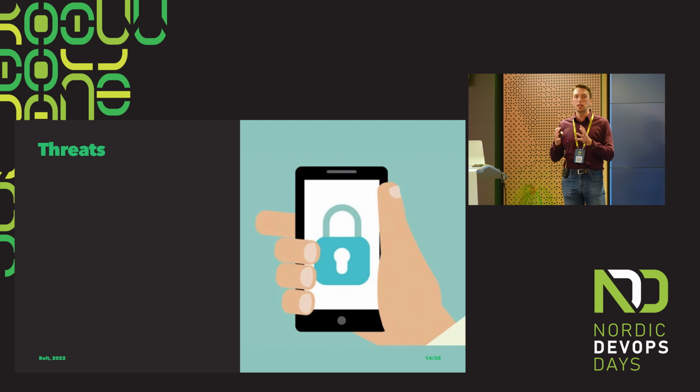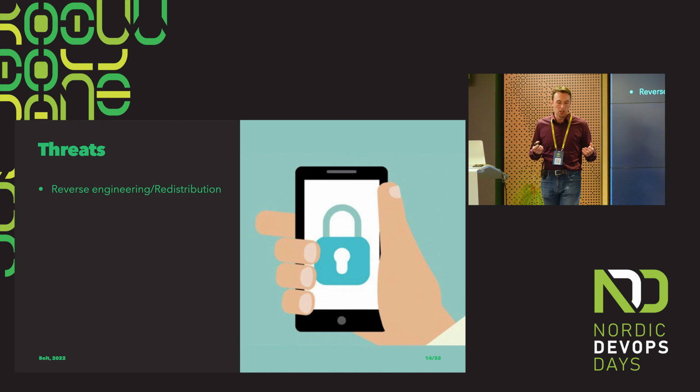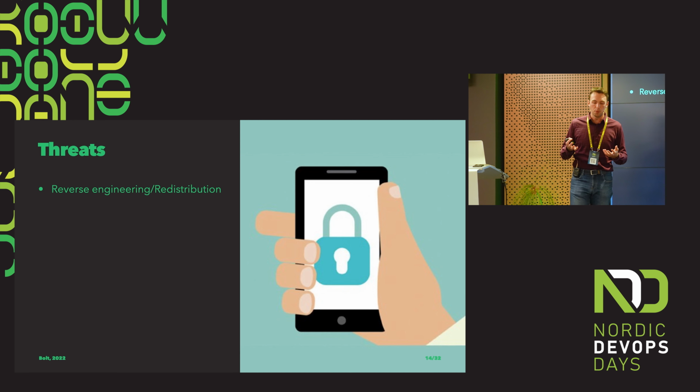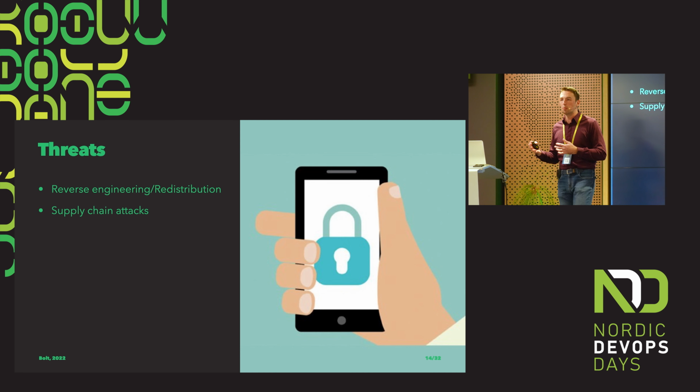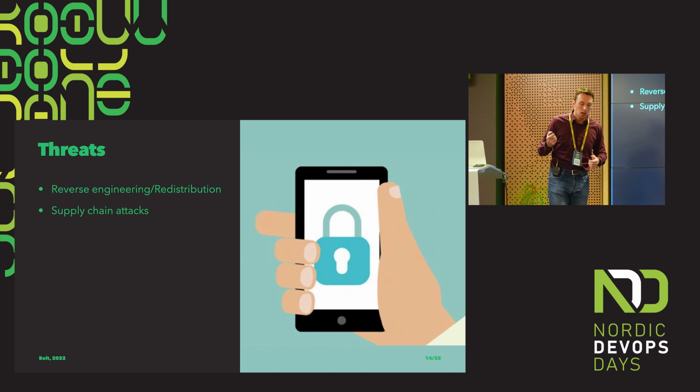So this is a very valuable business asset. But there are a lot of threats to those assets out there. So, for example, you can face reverse engineering or redistribution risk, or you can face supply chain attacks that I covered with the story I began with, or you can face IP loss.